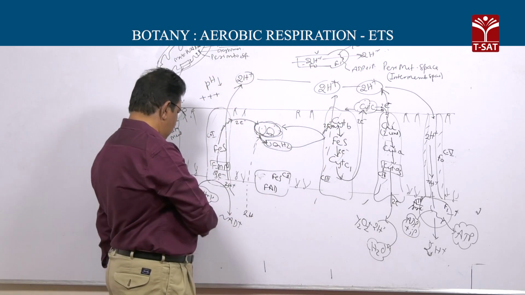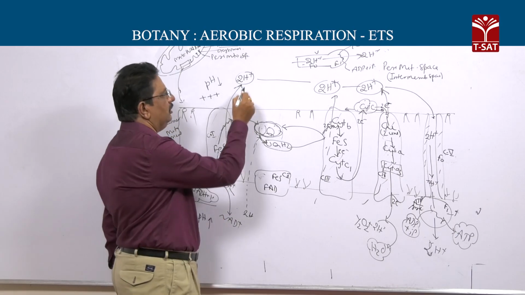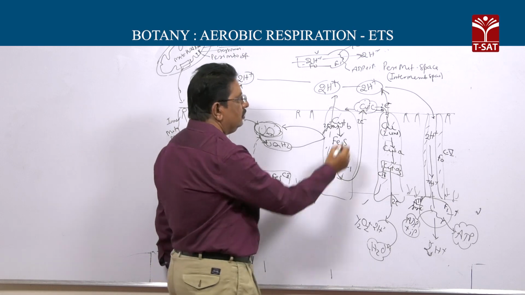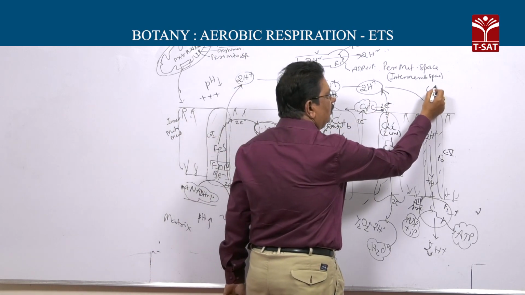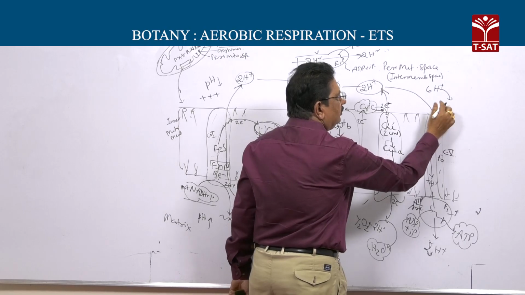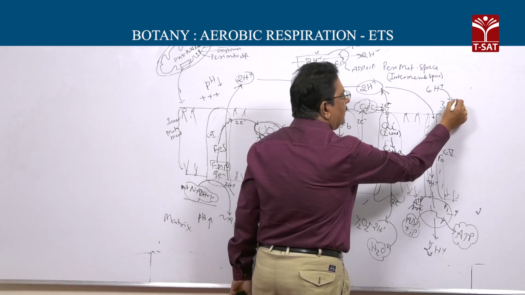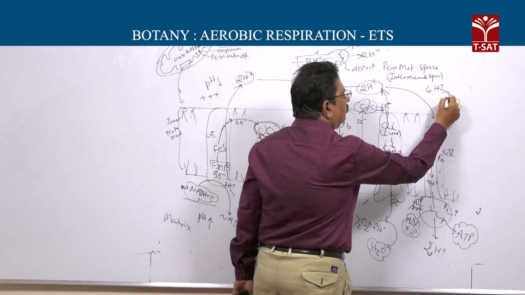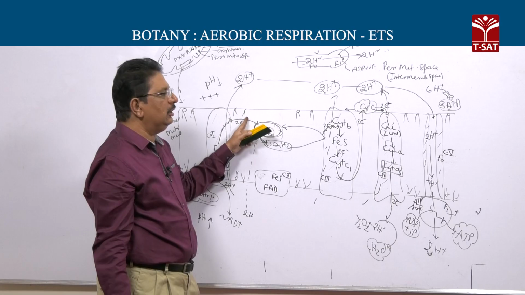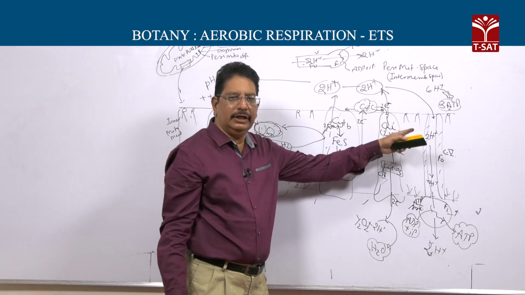So for mitochondrial NADH oxidation, how many protons are accumulated? 6. So 6 protons travel and yield 3 ATP. Through the 5th complex, if 6 protons travel, there are 3 ATP.